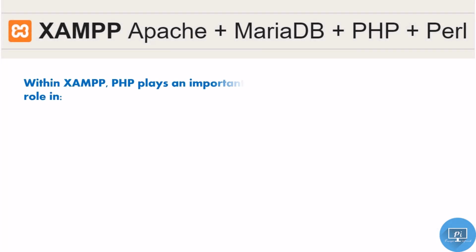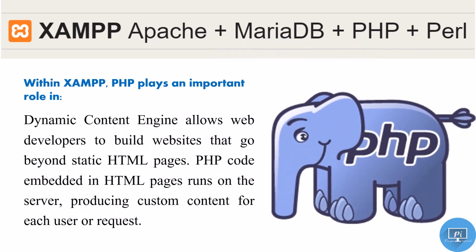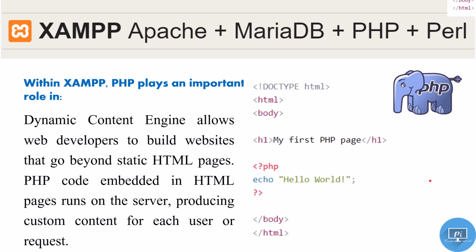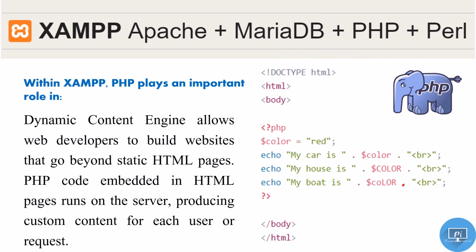Within XAMPP, PHP plays an important role. This dynamic content engine allows web developers to build websites that go beyond static HTML pages. PHP code embedded in HTML pages runs on the server, producing custom content for each user or request.